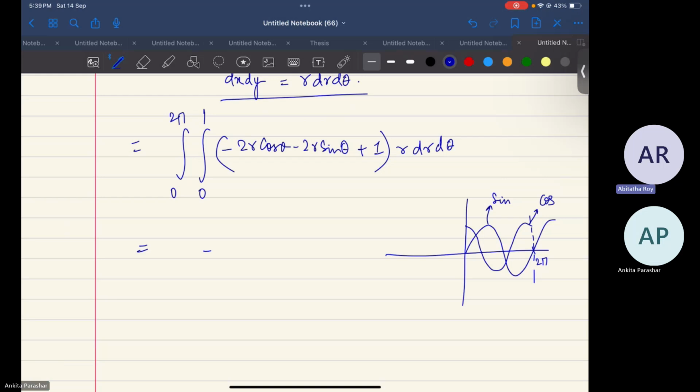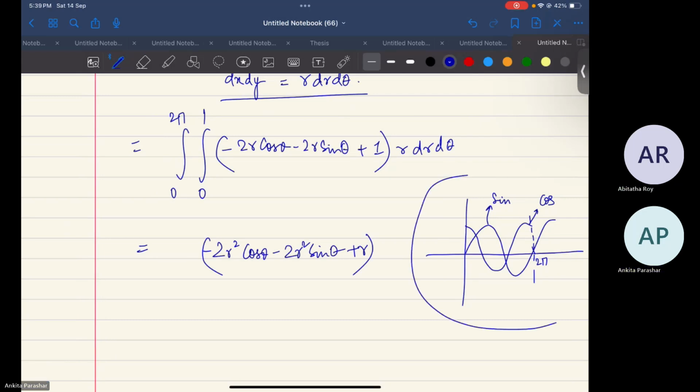So the answer is 2 pi. Let's just do it. Minus 2r square cos theta minus 2r square sine theta plus r, and then r dr d theta, from 0 to 1, 0 to 2 pi.